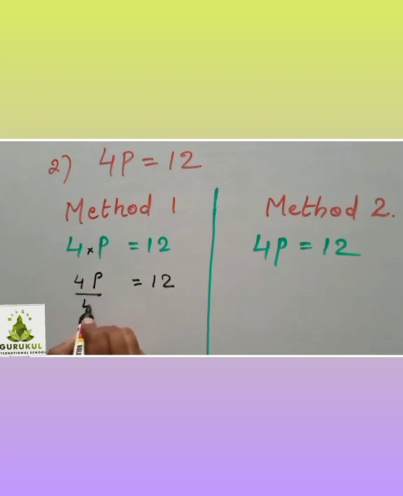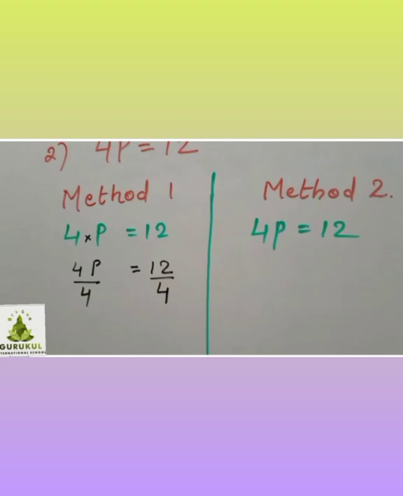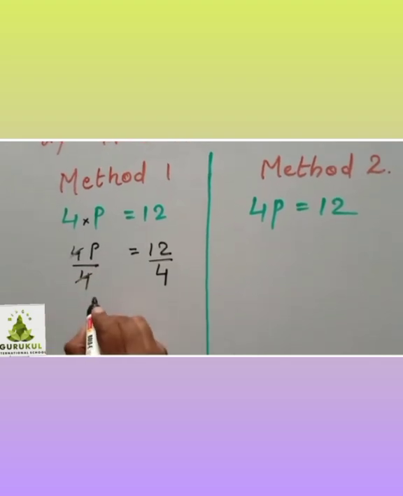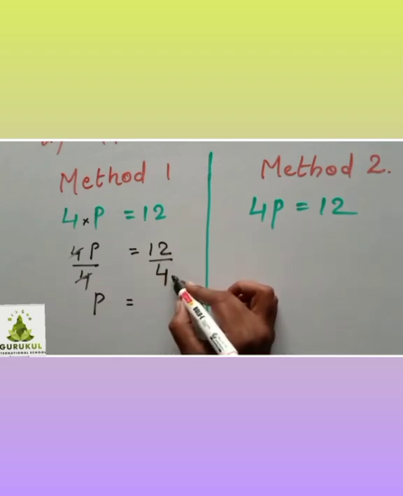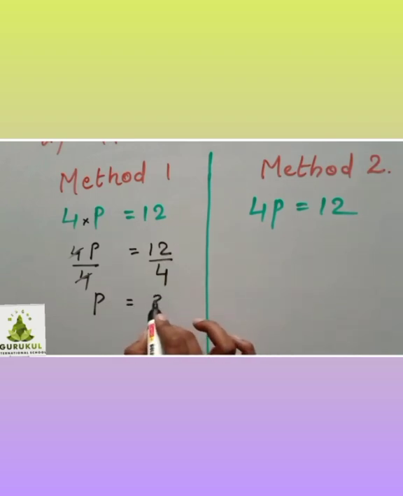So I will divide by 4. When I divide this side of the equal sign by 4, here also you should divide by 4. Is that clear to you? So 4 one times 4 gets cancelled here. And here p equals 12 divided by 4, which is 3. Is it clear? You can find this answer this way.